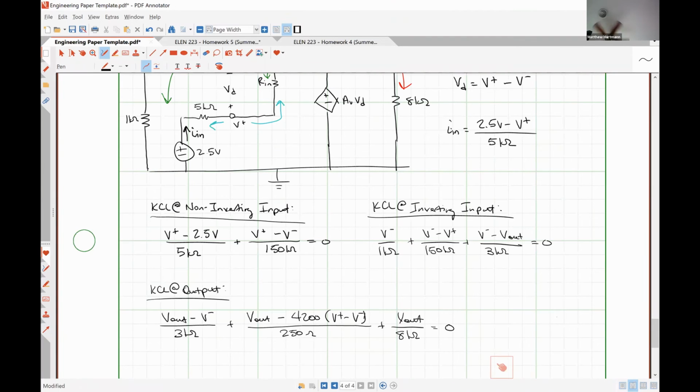Give me just a moment. Pull up MathCAD. All right, so I'm going to have a solve block.